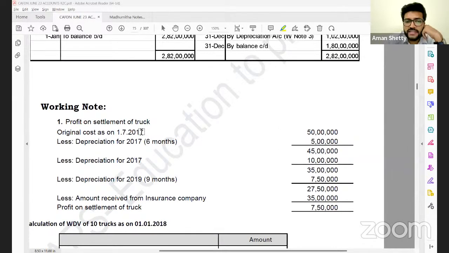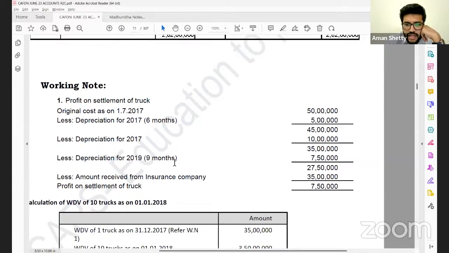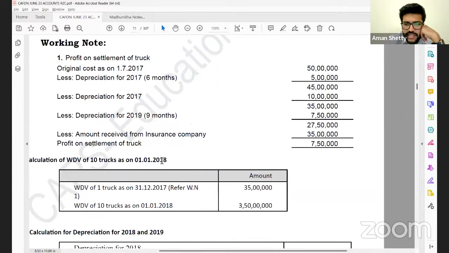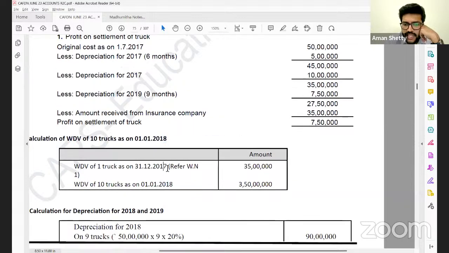Okay, this is wrong. Correct this. I think original cost is fine. 2017, this one you make it 2018. Here this is wrong, make it 2018. Here again make this 2019. This is 2019. Here again this is 2018 and this is 2019.